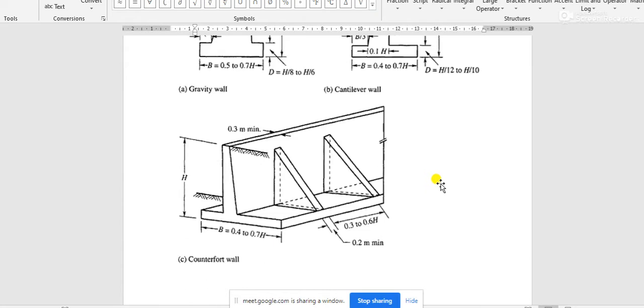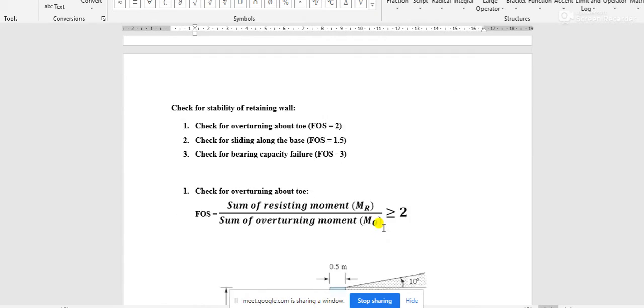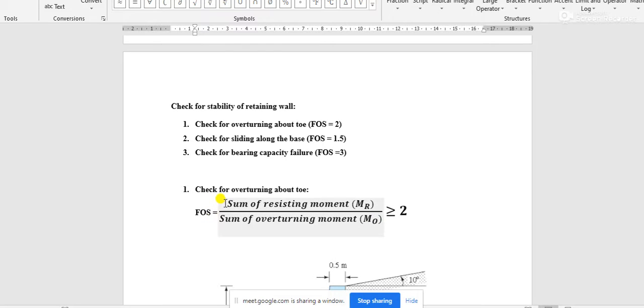That's why in the factor of safety I take the sum of the resisting moments divided by the sum of the overturning moments. You add all the moments which cause the overturning, and all the moments which resist the overturning phenomenon.